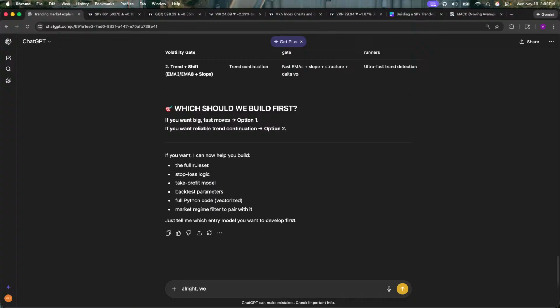We want to build on option 2, but keep in mind we are using 1 minute time frames. So does that change anything, or can we continue from there?